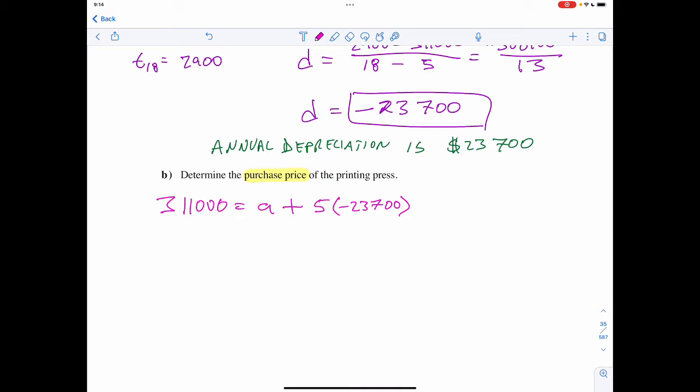Which means that my A value, or initial value, would be 311,000 minus 5 times negative 23,700, or $429,500.